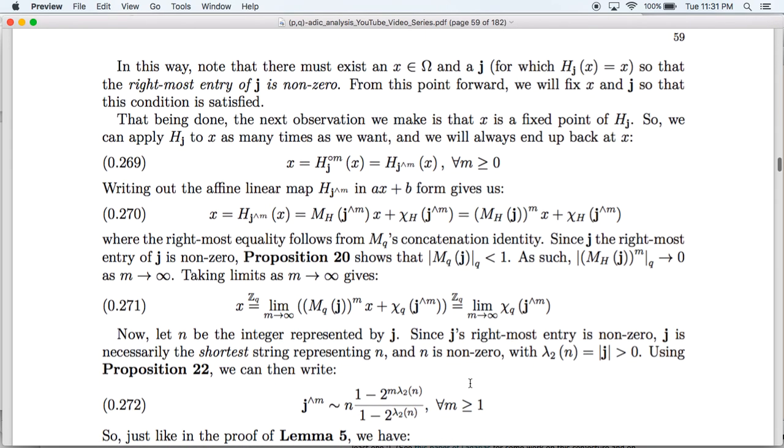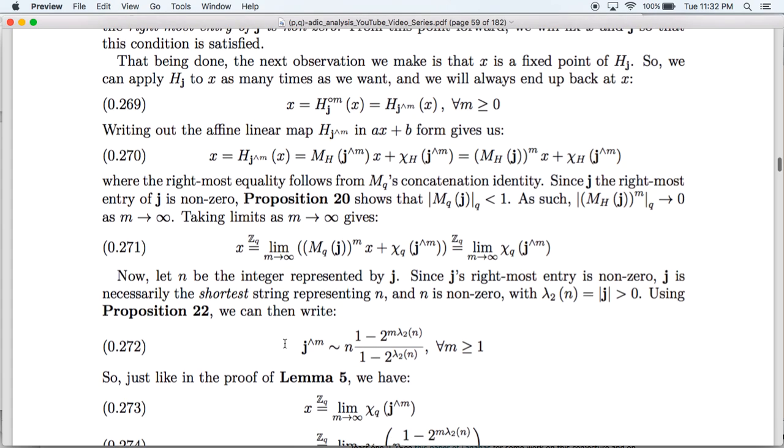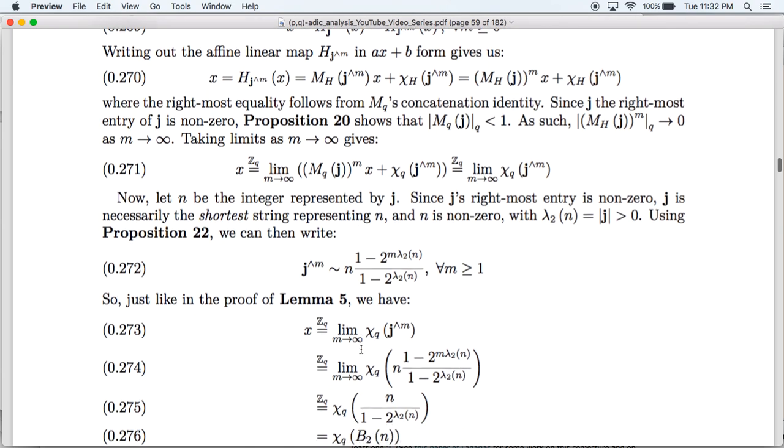Now, let n be the integer represented by bold J. Since bold J's rightmost entry is non-zero, bold J is necessarily the shortest string representing n, and moreover, n is non-zero, and its number of bits is the length of bold J. Then, using our observation about what self-concatenation does to n, we have the following.